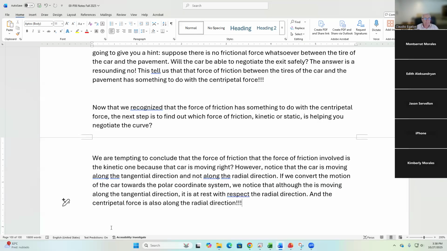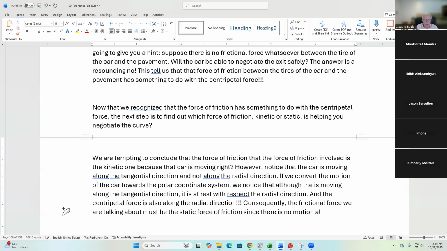Consequently, the frictional force we are talking about must be the static force of friction, since there is no motion along the radial direction. Along the radial direction, the car is at rest. I'm going to emphasize here, along the radial direction, the car is at rest, right?